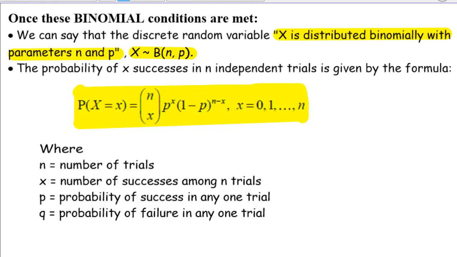That's very, very, very important. Where n is the number of trials, x is the number of successes among n trials, p is the probability of success, and q is the probability of failure.